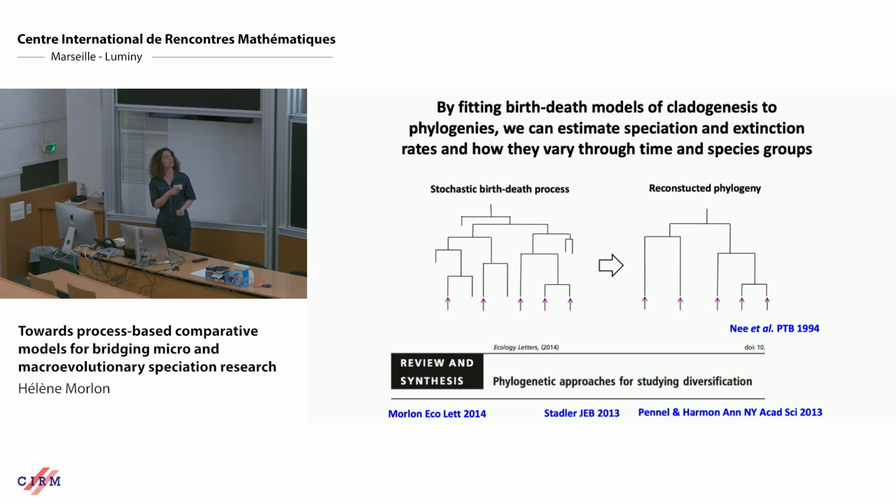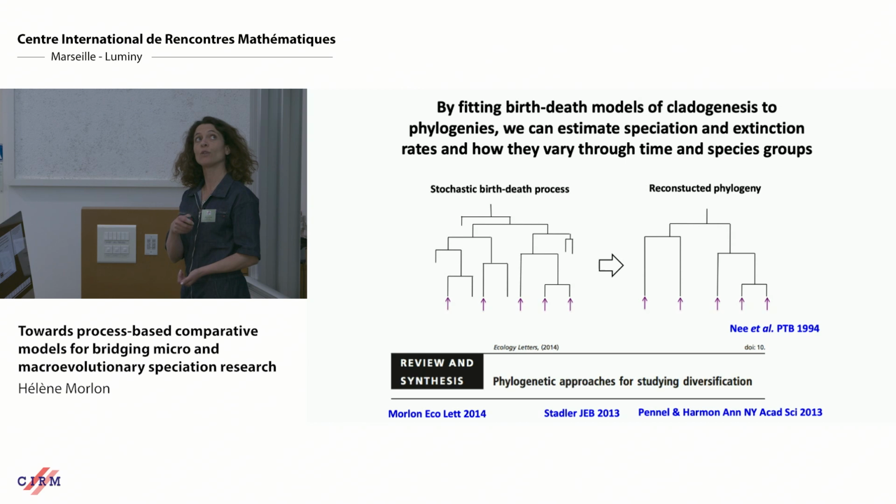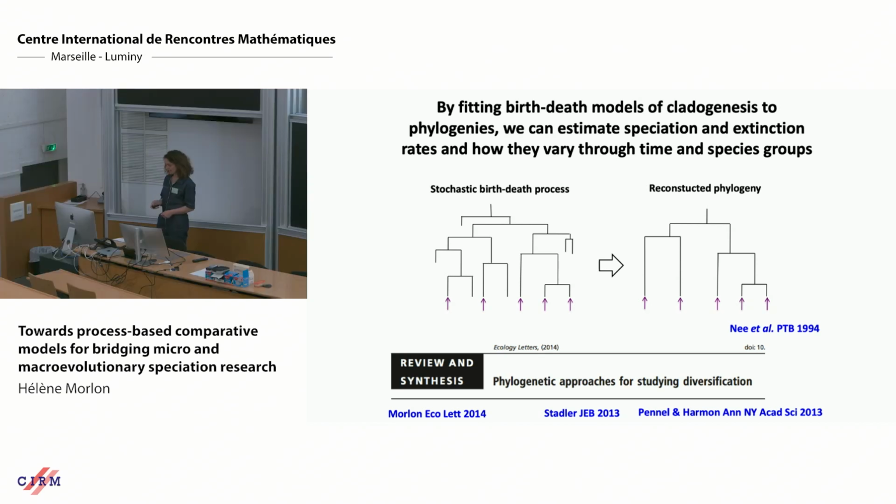So here we have a birth-death process at the level of lineages, and we want to infer this full process, the succession of speciation and extinction events, from the reconstructed phylogeny. So here we sample species at present, we know the divergence times, we know the succession of branching events, but we want to reconstruct this full process from this data.